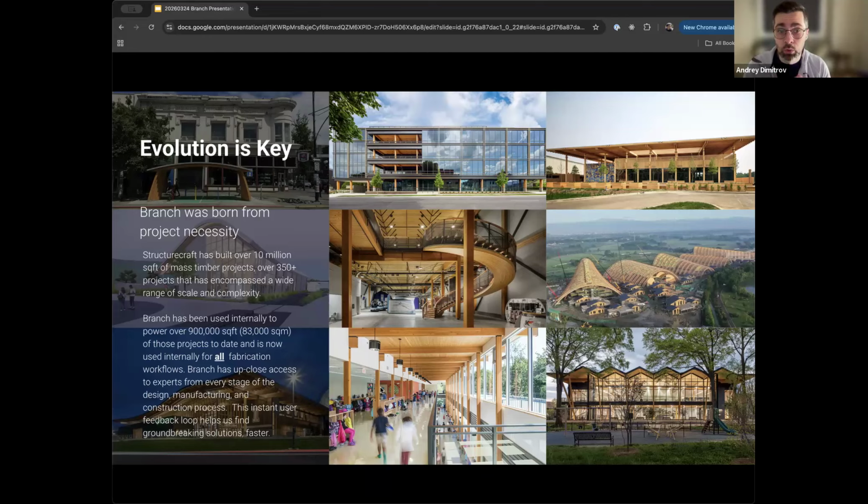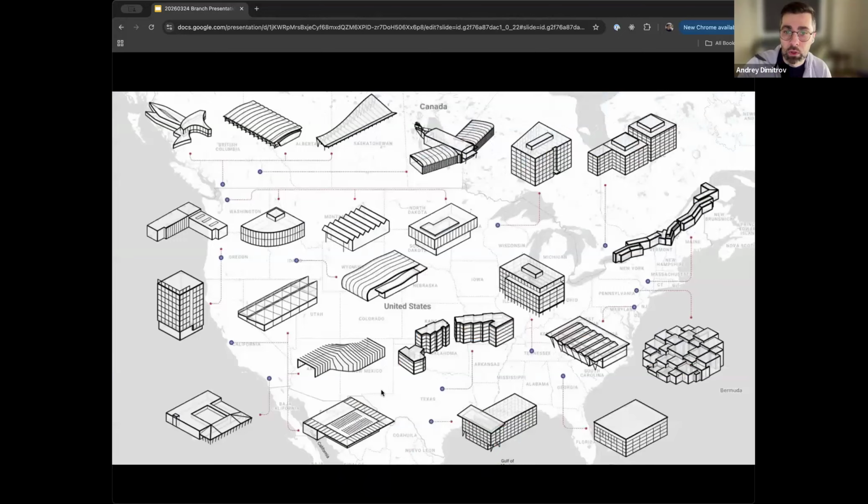Branch has been around for about 2 years internally to StructureCraft, and we've been instrumental in powering close to 1 million square feet of projects so far, all over the world with high degrees of complexity.